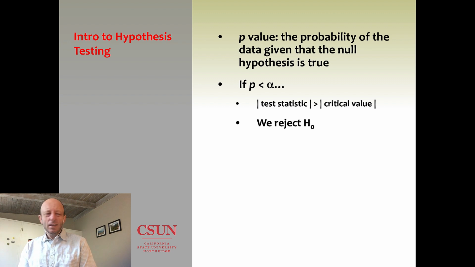The thing I will emphasize, and we're going to come back to over and over again, is the p-value, which the definition is the probability of the data given that the null hypothesis is true. What does that mean? If the null hypothesis is true, life is boring, statistics students do not have more fun, by our example.